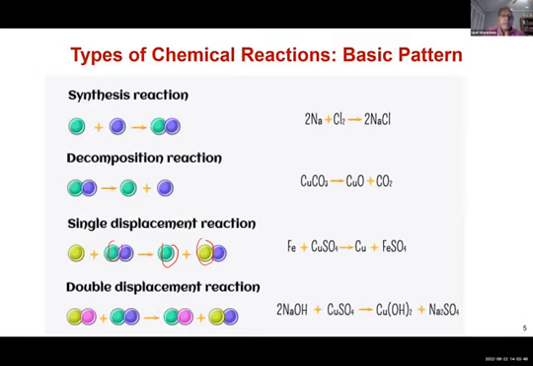But the double displacement, or exchange reaction, is also called an exchange reaction. This goes with this, this goes with this. These two go with.